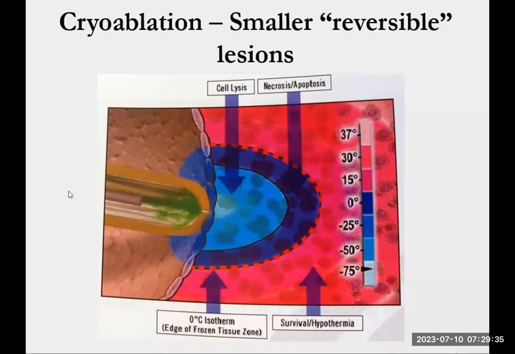It makes a smaller lesion, and the recurrence rate is probably, in most honest papers, in the range of about 5% higher than it is with standard radiofrequency energy. So when we're in areas that are very dicey, where we're very worried about the AV node, cryo is not an unreasonable thing to try, but understanding that the recurrence rate is a little higher.